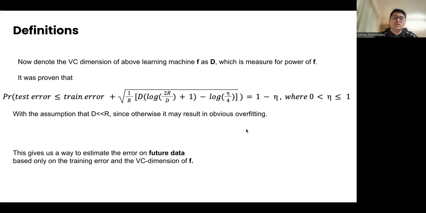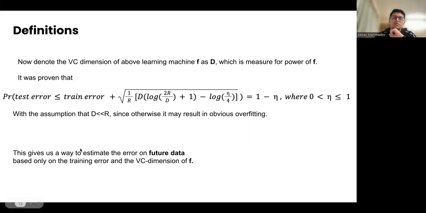But in this case, we are assuming that D is way less than R, because otherwise it may result in obvious overfitting. We have more learnable parameters than the training examples, and obviously we will overfit. We can learn the training examples very well, but we will fail in the test error, so it won't be satisfied. But we are assuming that D is way lesser than R, and we can assume this.